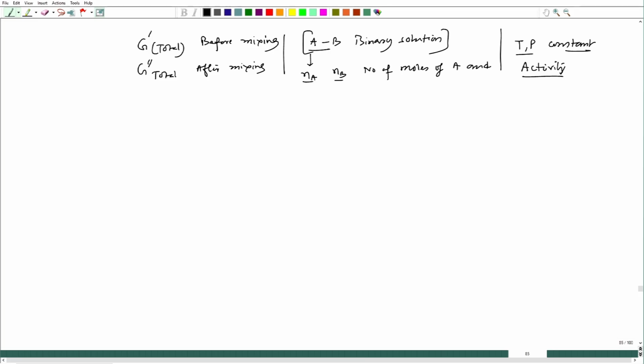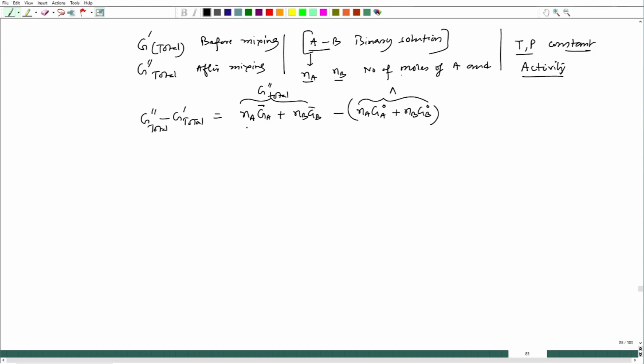So, P and T can be considered constant. In that case, G double prime minus G prime total should be equal to Na Ga bar plus Nb Gb bar, which is G double prime total, minus Na Ga naught minus Nb Gb naught, the G total when they are in the pure condition. So, this is pure, this is after mixing.